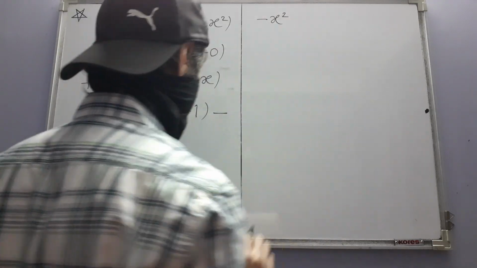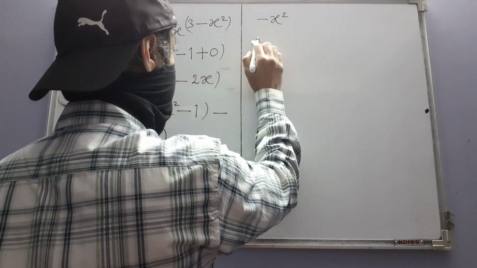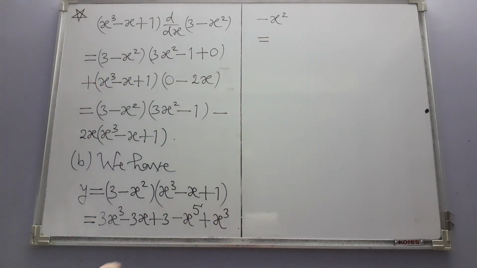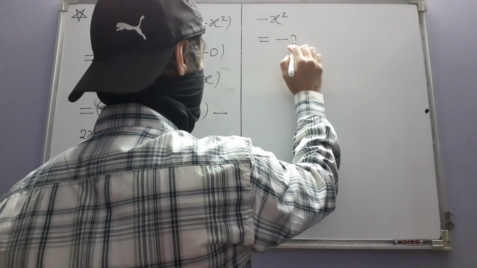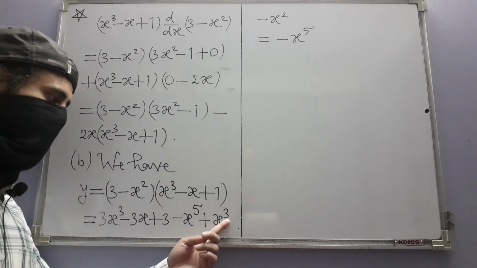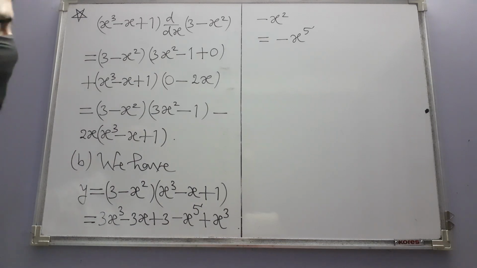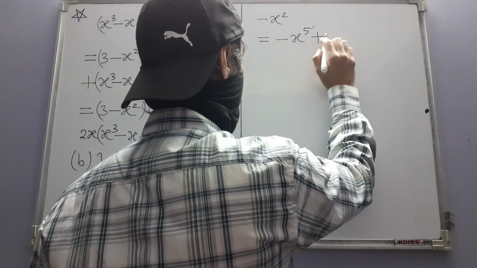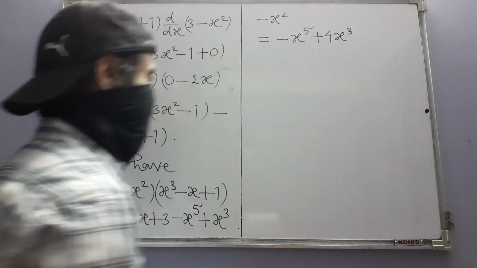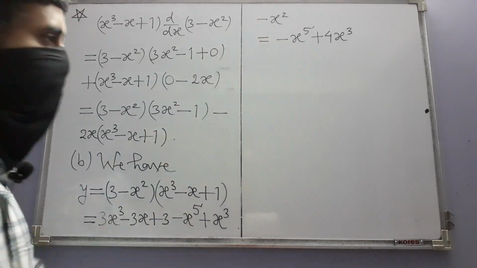Minus x square. Okay, so now we can do a little simplification. So this is equal to, first you consider the highest degree term, it's not necessary, but that's how we normally write, minus x to the power 5. Then the next highest degree term is the cube terms, the terms involving x cube. 3x cube plus x cube is 4x cube. Then the next highest, we have x square, okay, yeah.